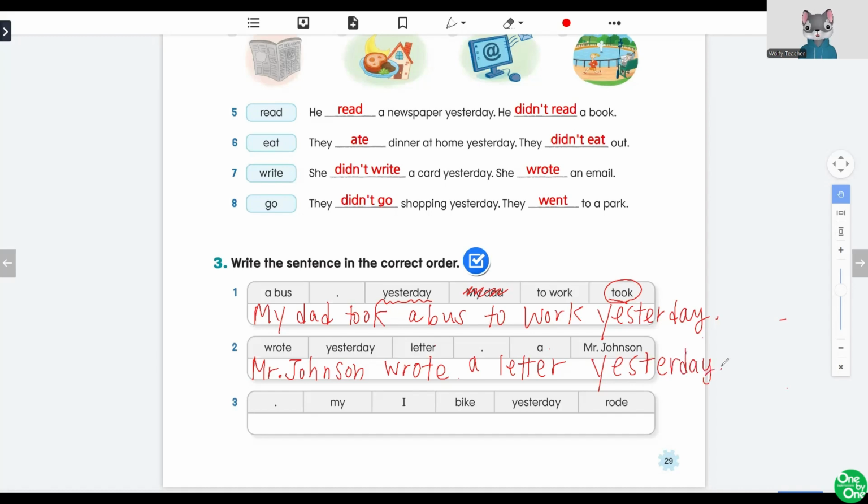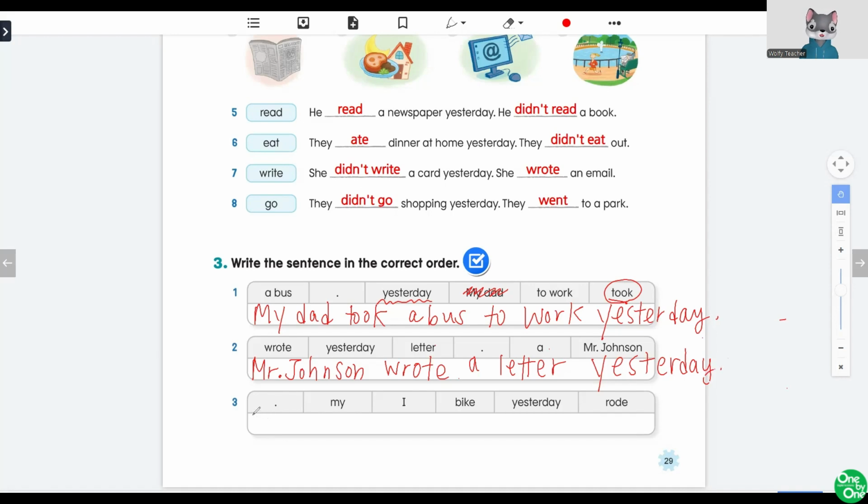Now, for the third one, I want you to just pause it right now, okay? And try to write it by yourself. And then, once you have finished writing, I want you to play it and check your answers, okay? So I'm going to give you 3 seconds. Pause it. All right. So have you done it? Great. So let's check.